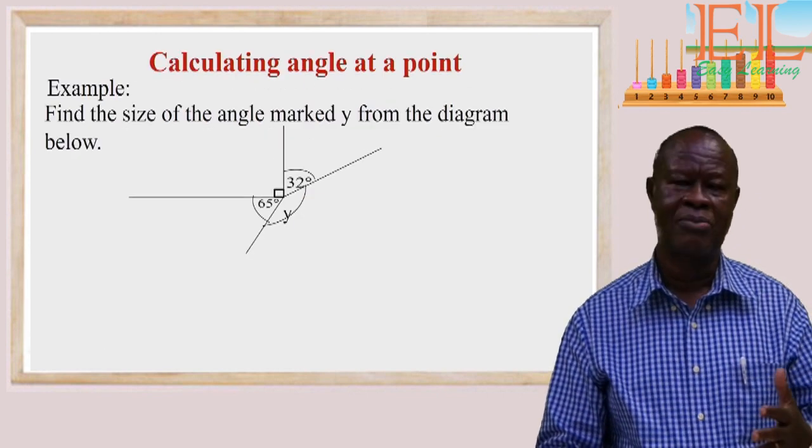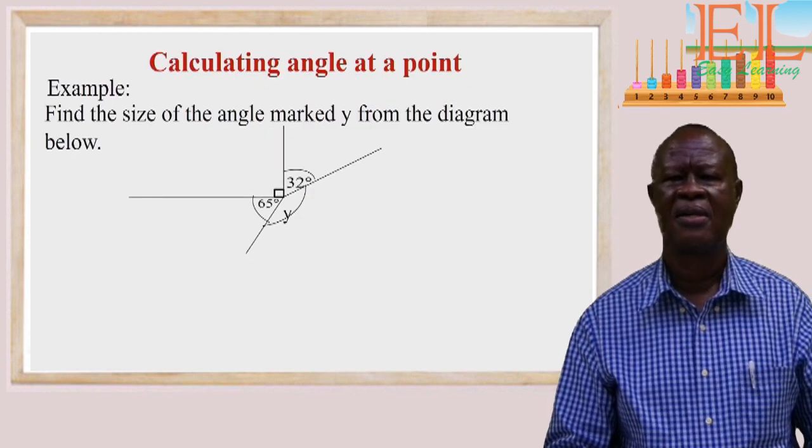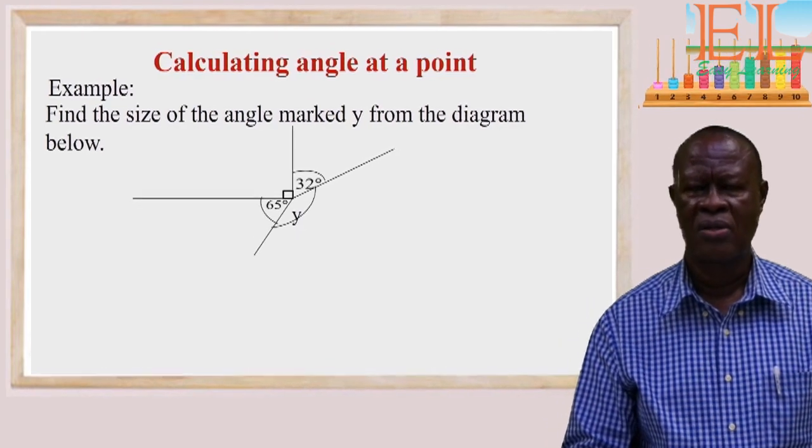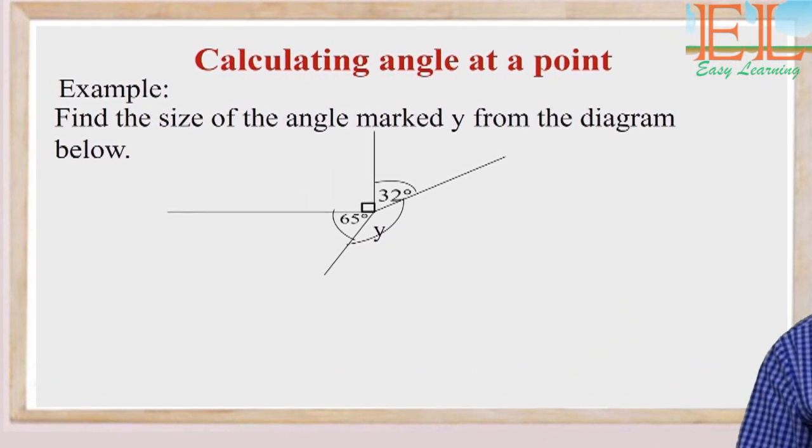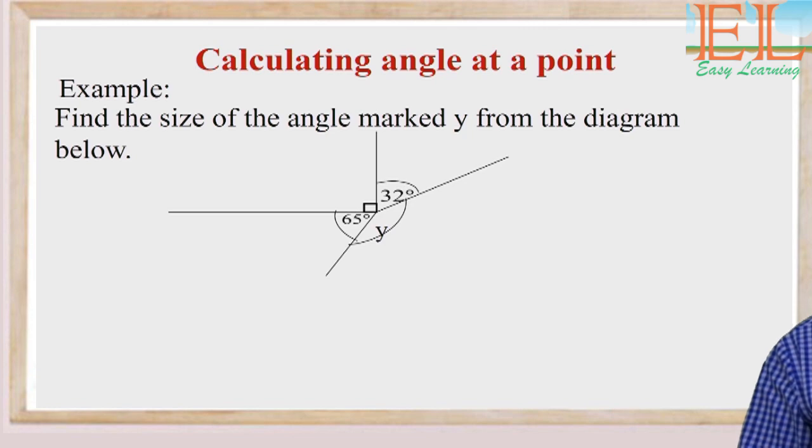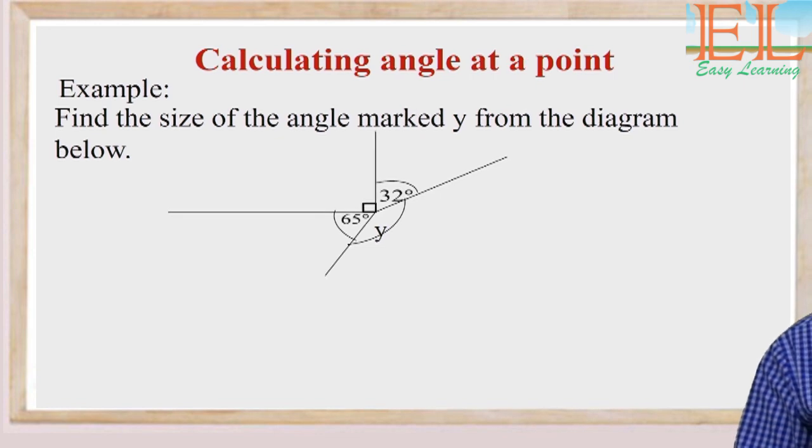Now we can use this concept also to do this calculation to find the unknown. So here we are finding the unknown y, and by the same concept of knowing what the angle at a point is, which is 360, we employ it in solving this question.